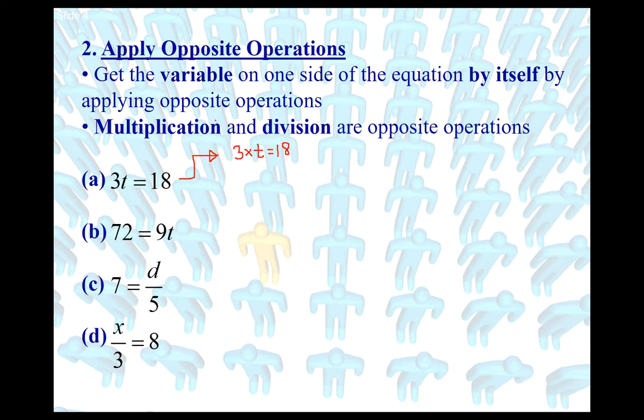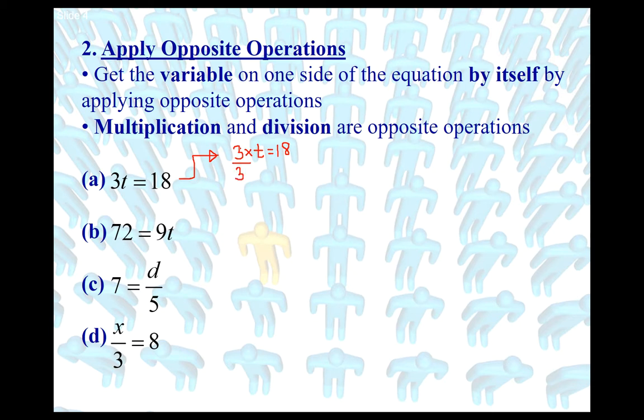Right now, the t is not isolated on one side of the equation because it's being multiplied by 3. So how do we get rid of that 3? What's the opposite operation of multiplication? It is division, and we're going to show that division with the fraction symbol. So we're going to divide both sides of the equation by 3 to get rid of that.